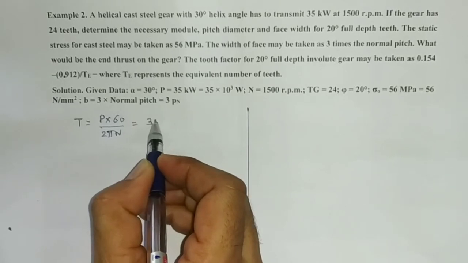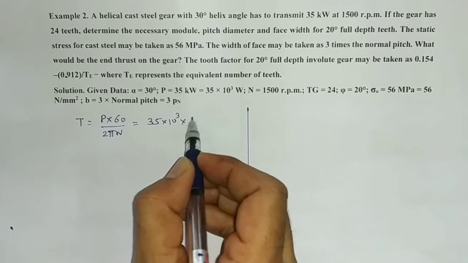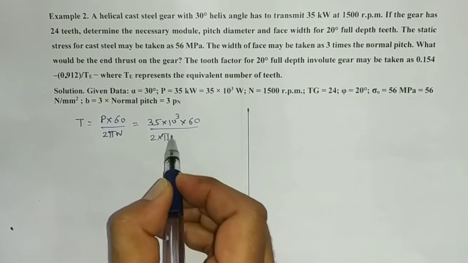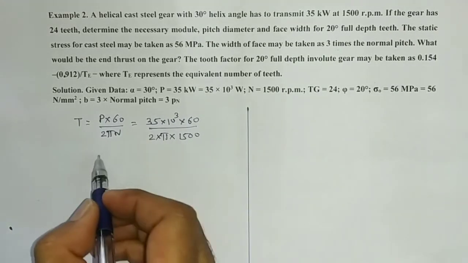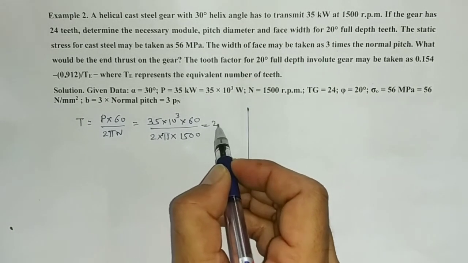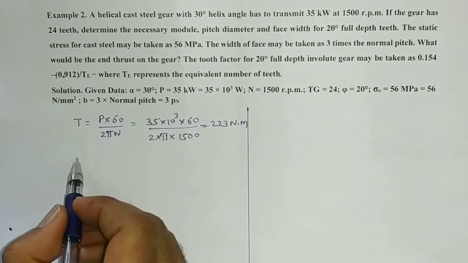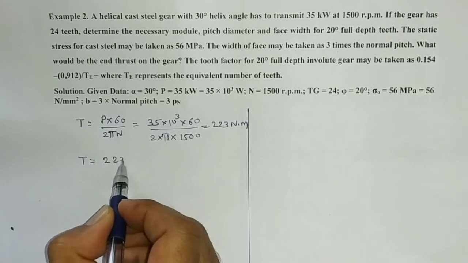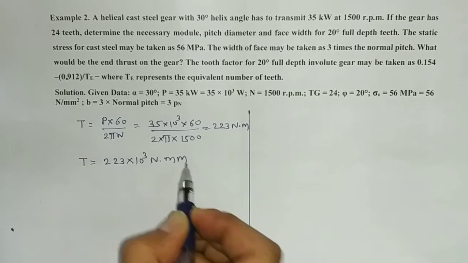So power is equal to 35 into 10 raised to 3 into 60 divided by 2 pi n, where n is equal to 1500. Therefore the torque transmitted is equal to 223 Newton meter. Converting it into Newton millimeter, it is 223 into 10 raised to 3 Newton millimeter.